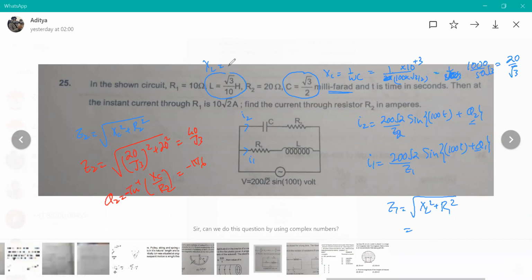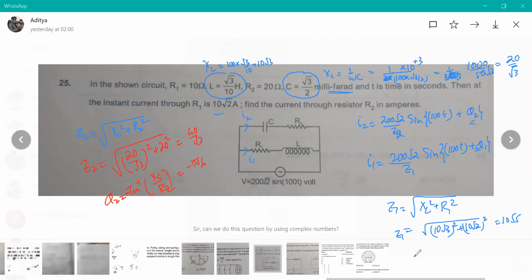So similarly your XL you can see is 100 into root 3 by 10, that's 10 root 3. And R1 is 10 root 2. Okay. So 10 root 5, that is your Z1.